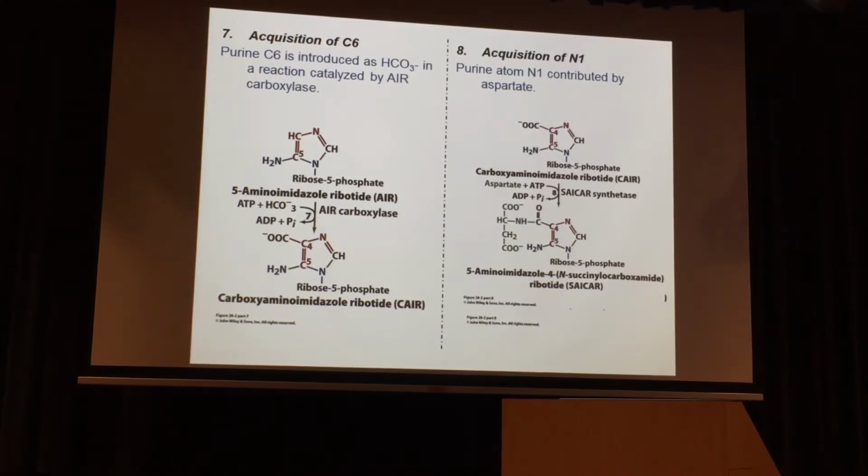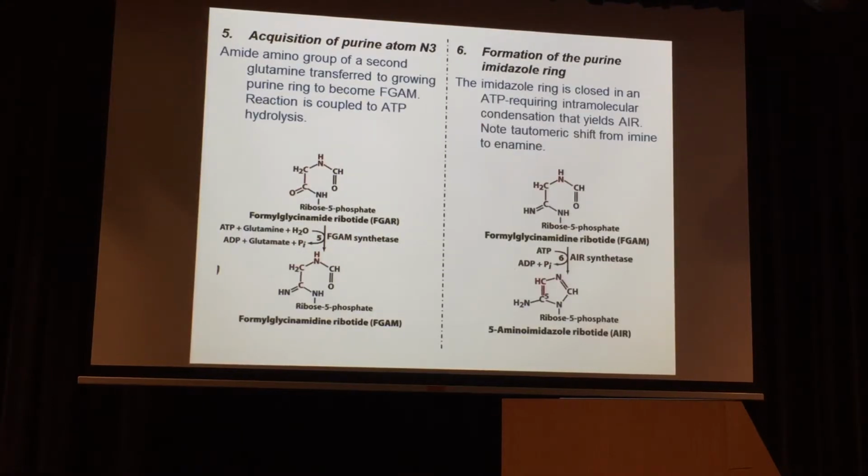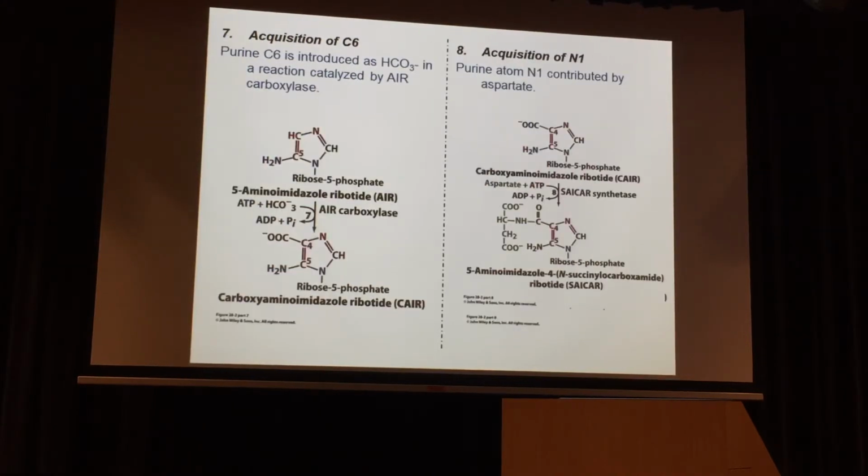Second way, we can use glutamine. Glutamine, in all these reactions, can pass on the amino group to the molecule and becomes glutamate. And the third way to pass on an amino group is aspartate. But the difference with aspartate is that the whole molecule is added wholesale.